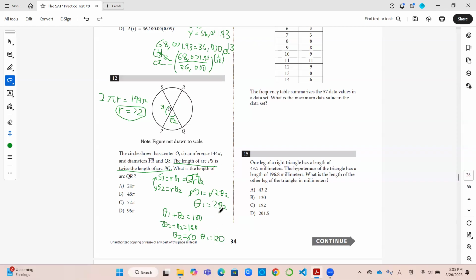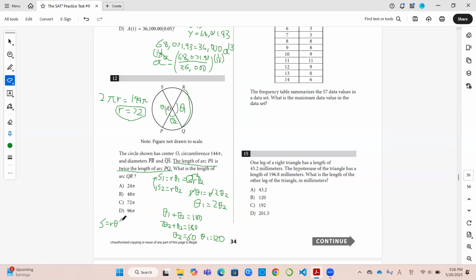Since we're trying to get the length of arc QR, so this one over here, I'm going to have to use theta 1, since the opposite angles here are the same. So s is equal to r theta.